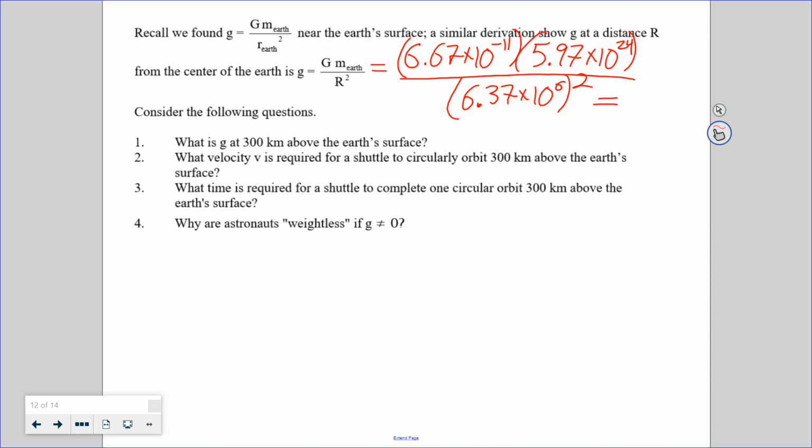And instead of 36 million meters, what if we're only 300,000 meters? That's just high enough to be outside the atmosphere. That's where the space shuttle goes to work on other satellites.